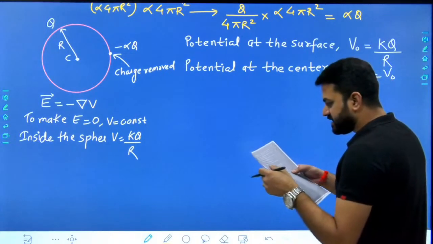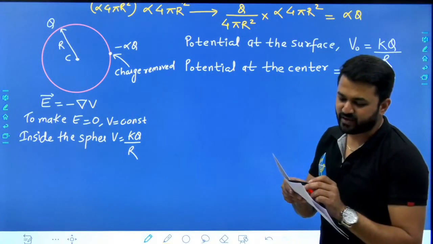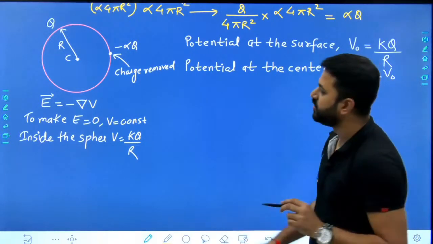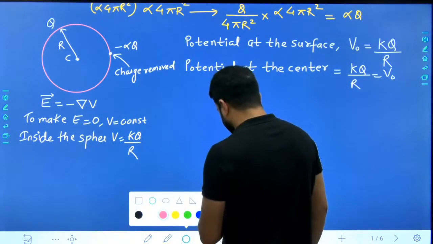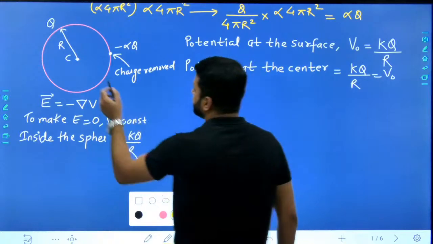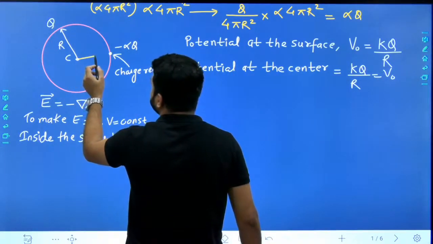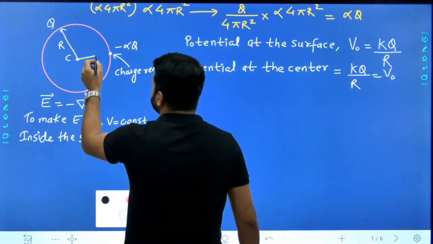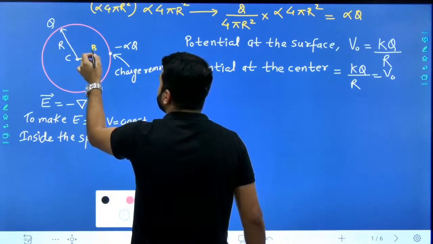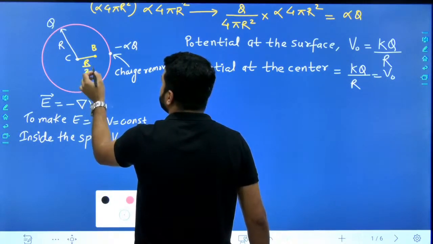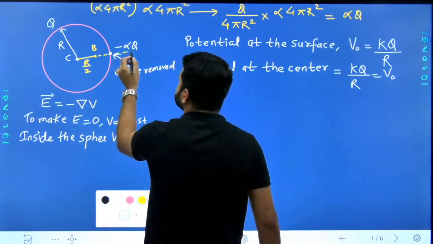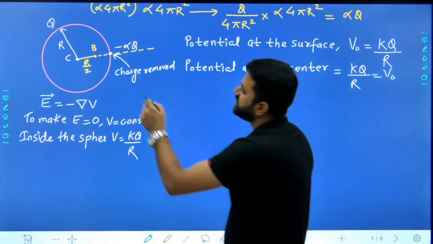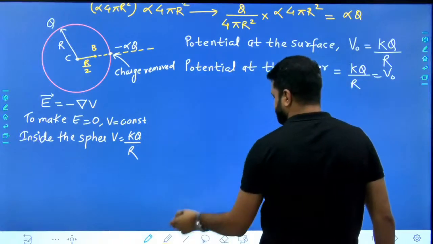Now we have to calculate the potential at R by 2 from the center towards the hole. We have to make this line. This is R by 2 distance from the center, suppose this point is B. So this is at R by 2 distance towards the hole. So what is the potential at B?